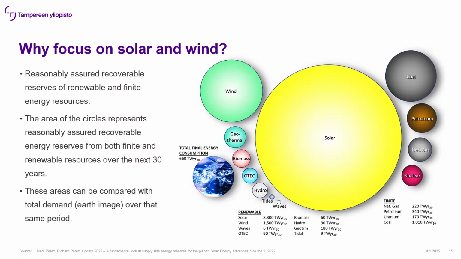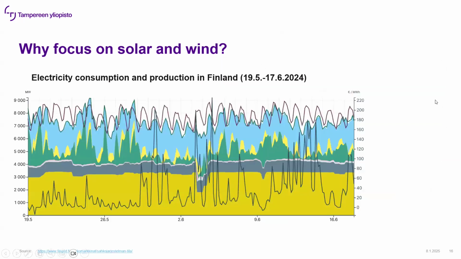So there's a lot of solar and wind to be harvested. But of course, we need the system for that. And we need the energy storages for that, because that's variable production. This says the amount, this doesn't say the characteristics of these energy forms. But yeah, that's why we're focusing on solar and wind.